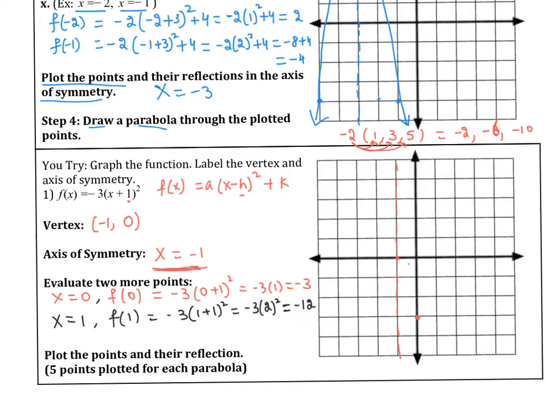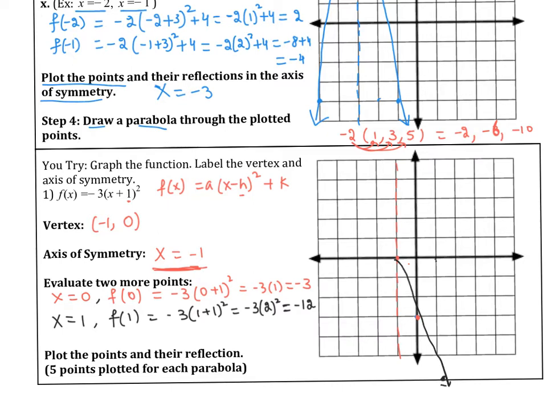That point is not in the graph, so we can assume that this is 1, and -12 is down here somewhere. Just assume that this is the point (1, -12), and you make a graph by connecting these points.